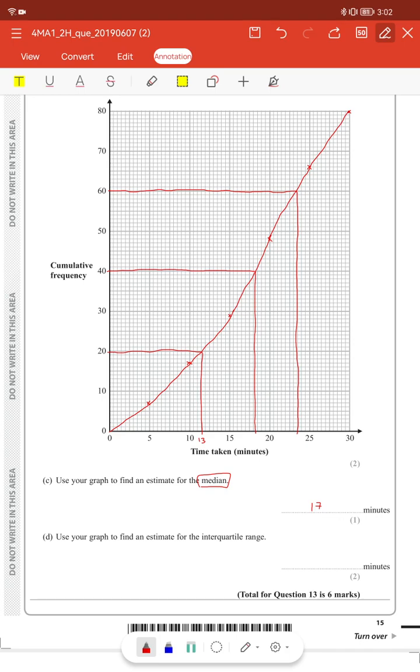That would give us 23.5. That would not be 13, that would be 11.5. And what we would get is 23.5 minus 11.5 would give us an interquartile range of 12 minutes.